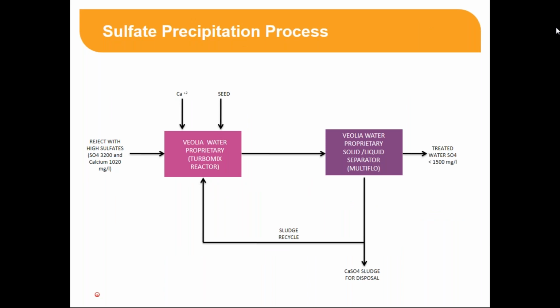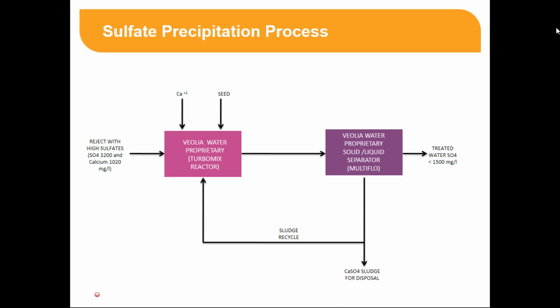So the reject from the NF went to a turbomix reactor. This is a Veolia proprietary reactor. The turbomix reactor is nothing but a reactor that has a draft tube and a mixer. The advantage of the turbomix reactor is it has an axial flow that is very good for sludge recirculation.